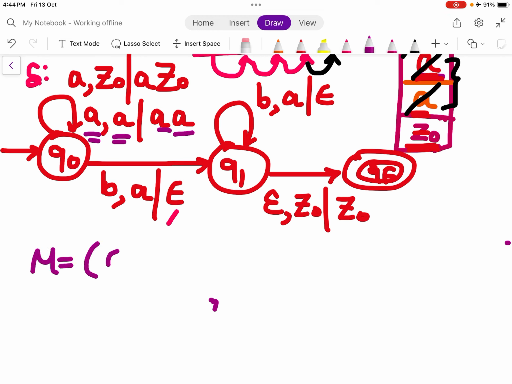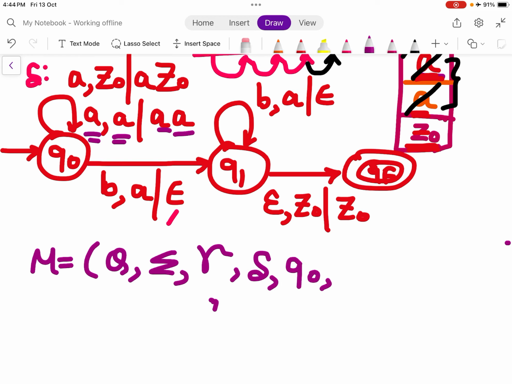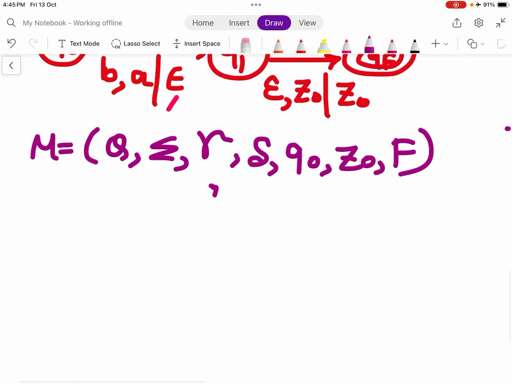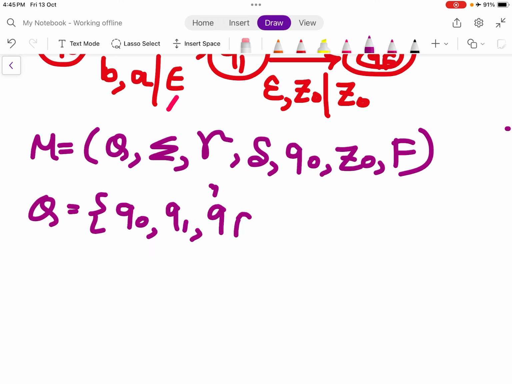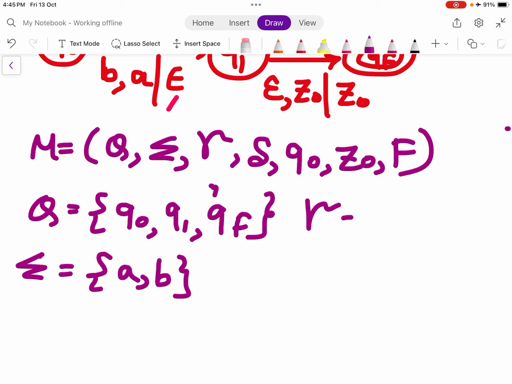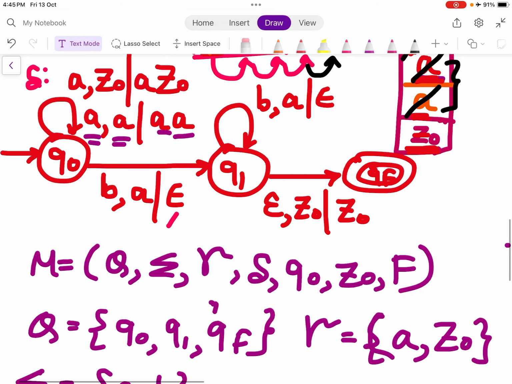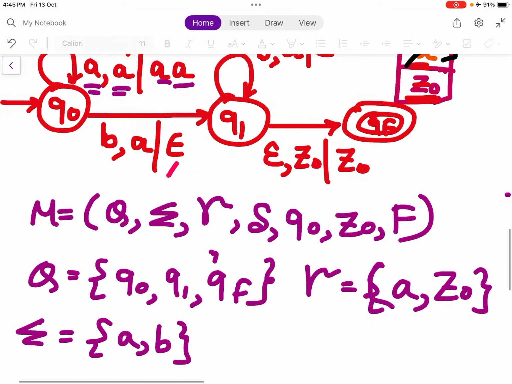M is Q, comma, sigma, then you have the stack symbol, delta, Q0, Z0 and F. Now here your Q, that is your set of states, are Q0, Q1, Q final. Then over your alphabet, A, comma, B. Stack symbol is A, comma, Z0.